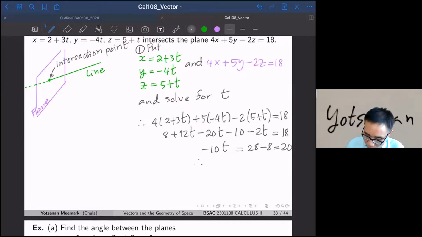So you would have t equal to negative 2. So you solve for t and you get t equal to negative 2.